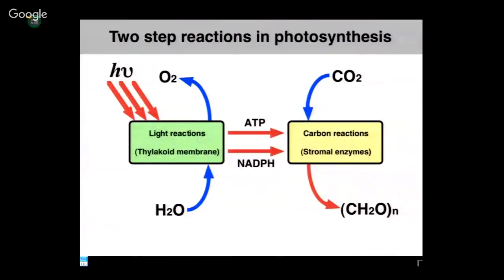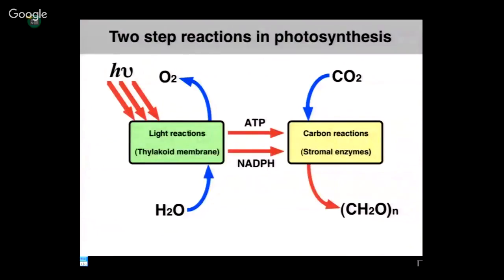But by using energy, the ATP and the NADPH, like redox energy compounds, are used to fix carbon, and also sometimes reduce nitrogen, nitrate or sulfate to use in the cell.